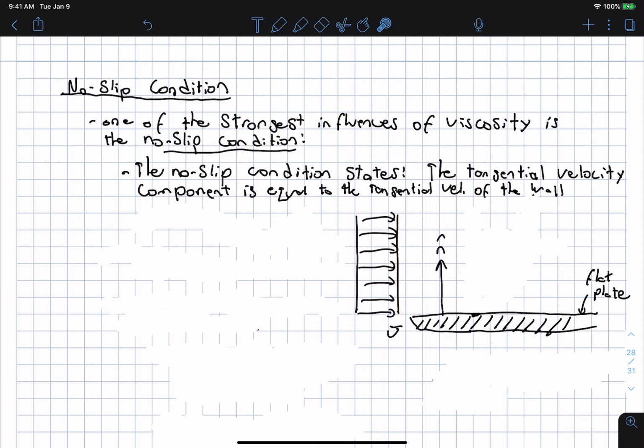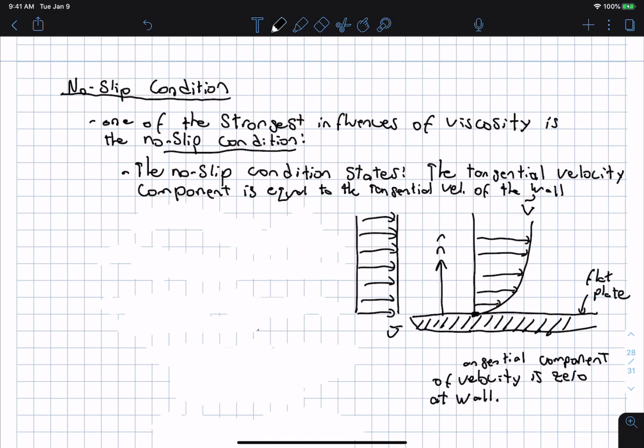Instead, it starts to develop a shape that looks something like this, where we start to get a curve, where far away from the wall we start to recover the undisturbed velocity, but very close to the wall and at the wall the velocity is 0. So basically what this means is that the tangential component of the velocity at the wall is 0.